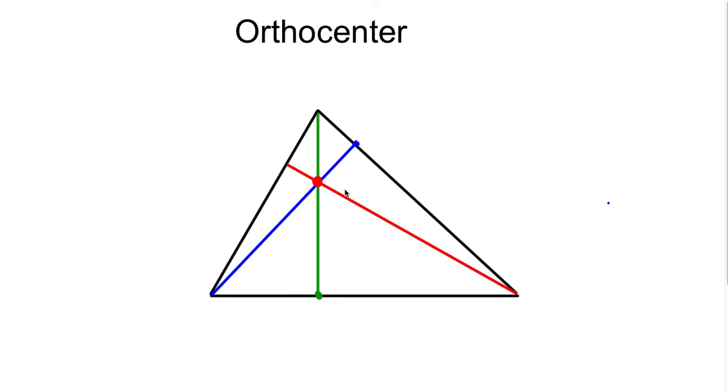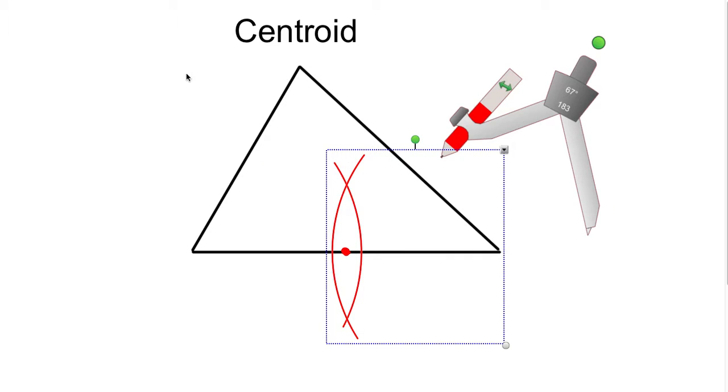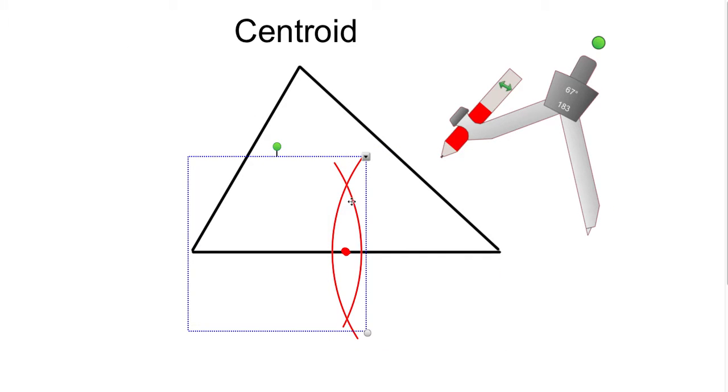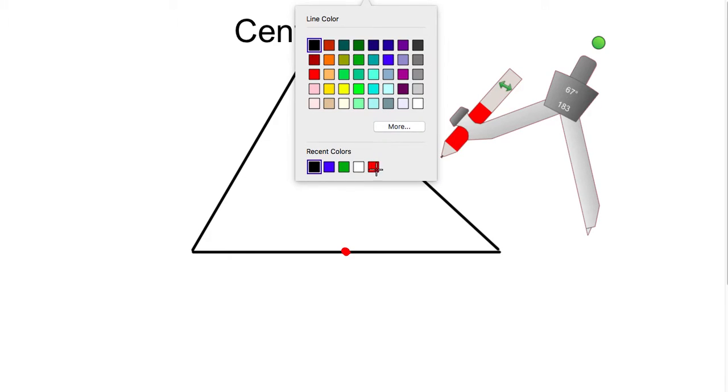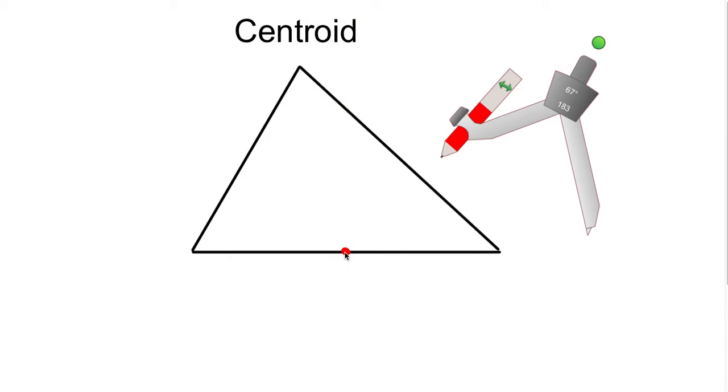I don't need the rest of that. The only thing I need is this point. The median is going to be the line that goes from that point, which is halfway between the ends of the side, to the opposite vertex. Just like that. And I'm going to do that for all of the other sides as well.